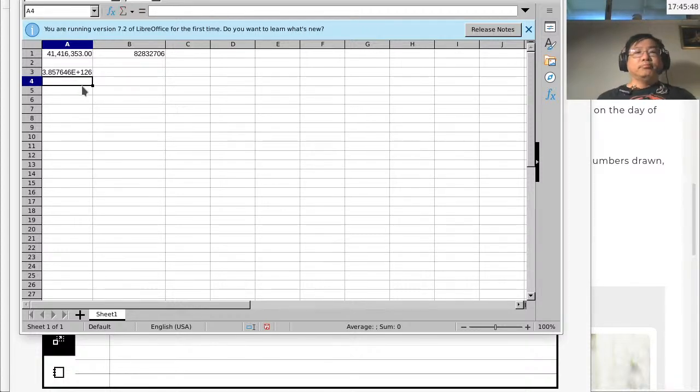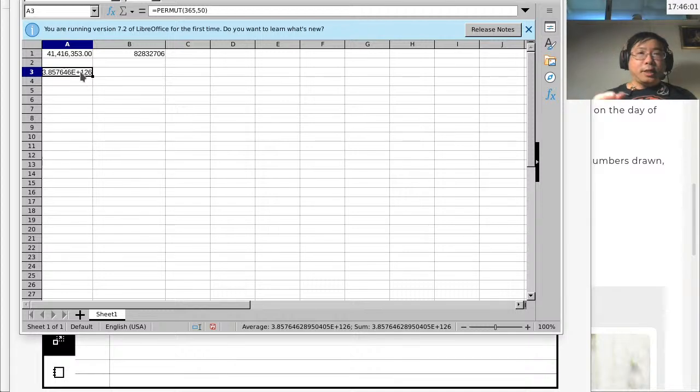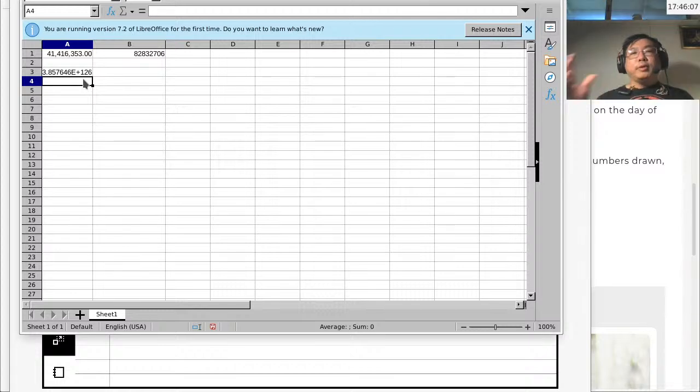Then you go, what are we going to do with this number here? So now you have to look at this, which is how many ways can we assign 50 unique dates from 365 choices to begin with. Now you look at this and go, what if there's no restriction? What if each person can choose any one of the 365 days in a year? So how many ways can we arrange that?